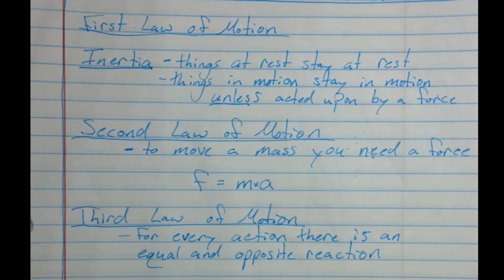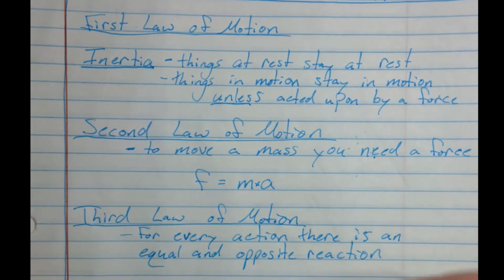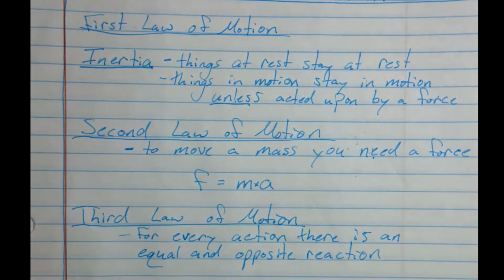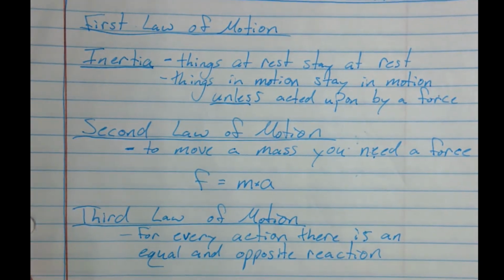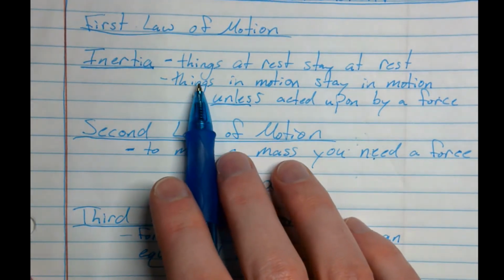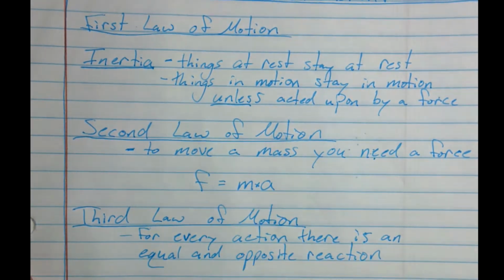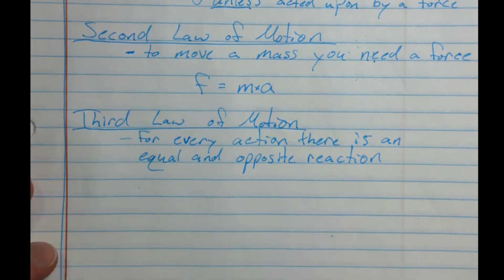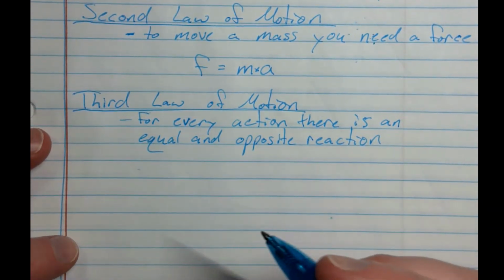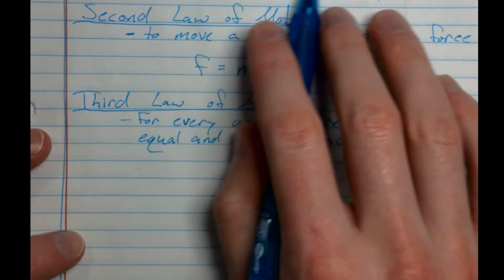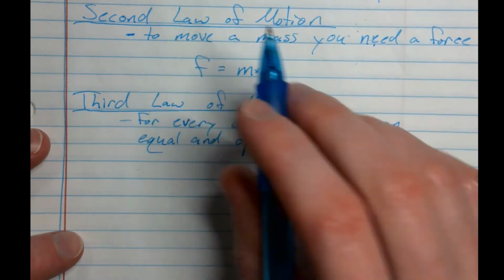It's kind of neat. Now, something that interacts with these three laws of motion, specifically the things in motion stay in motion, is friction. Friction is a force acting in the opposite direction of motion. So if it's moving, it wants to push in the opposite direction.